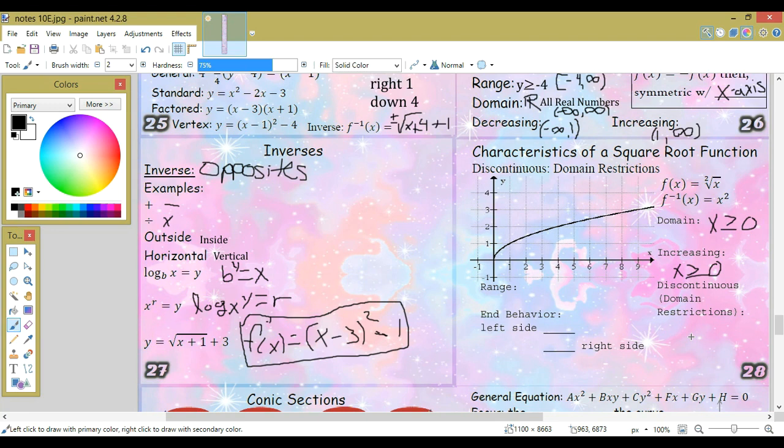It has domain restrictions. X cannot be less than 0. For the range, y is greater than or equal to 0. Your end behavior, the left side, y is 0, and the right side, y is going to positive infinity.